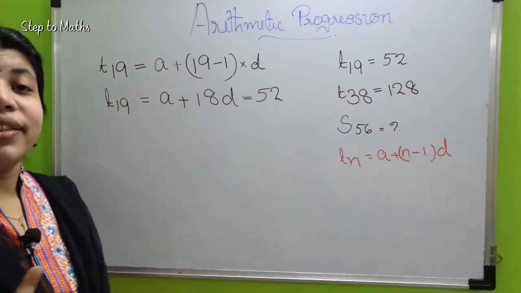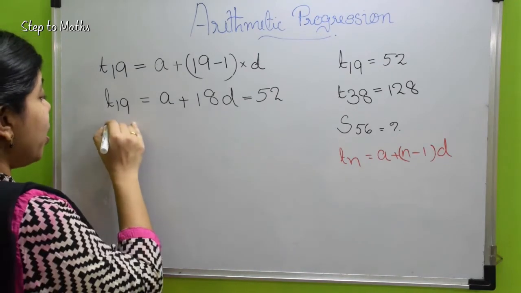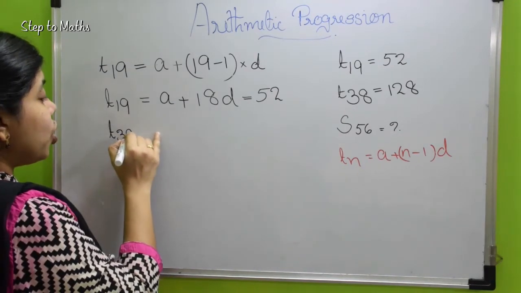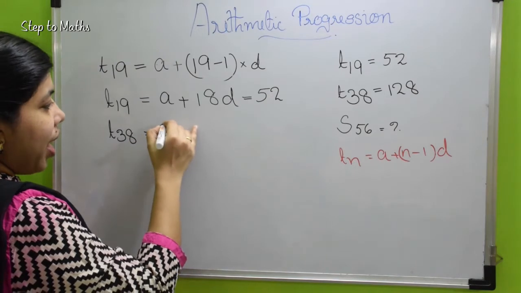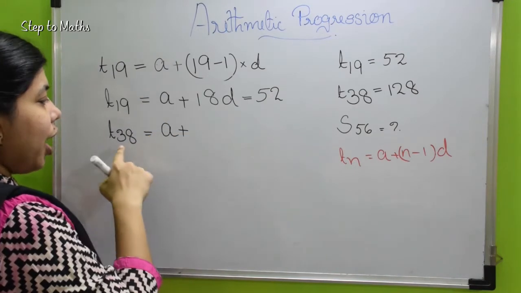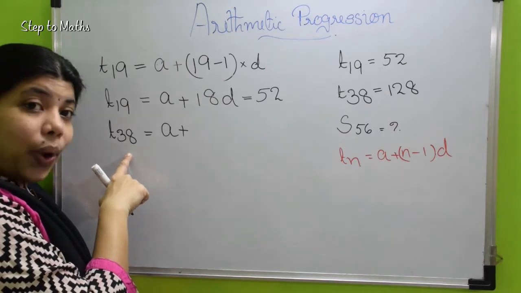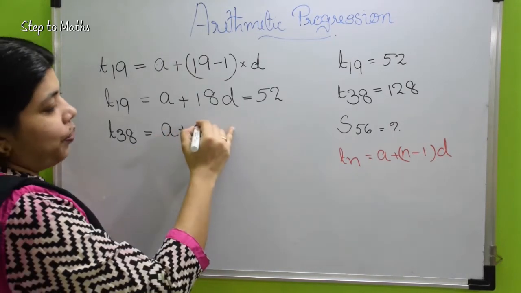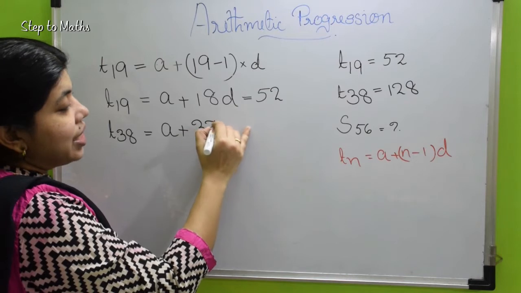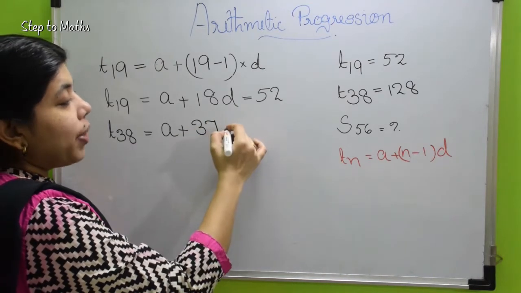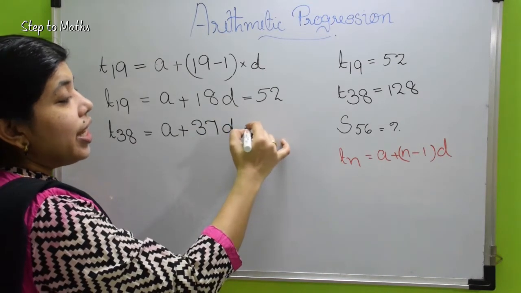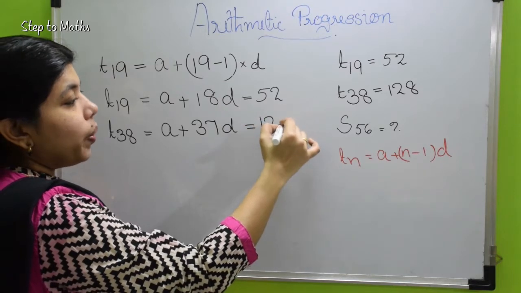Similarly, how can we represent the 38th term? A plus n minus 1, here n is 38, so 37. T38 is a plus 37d, equal to 128.